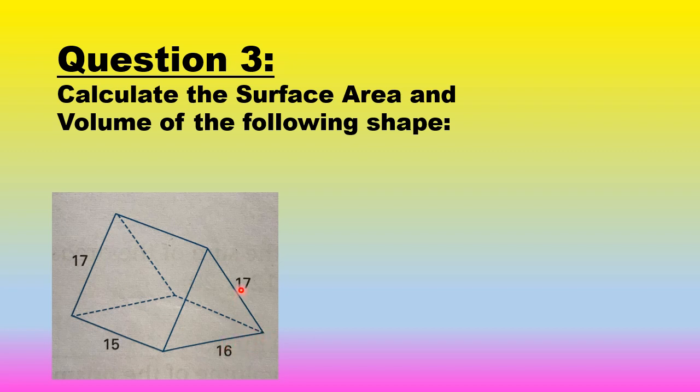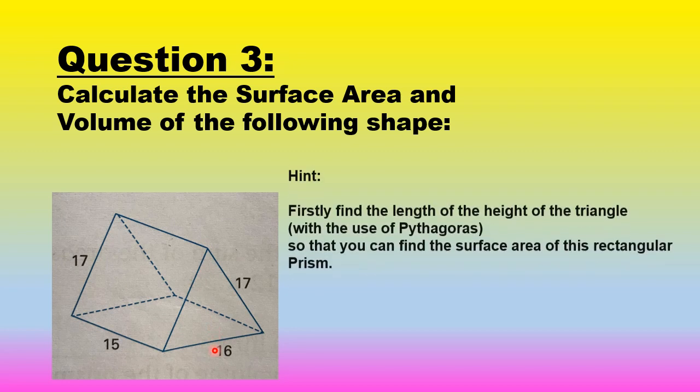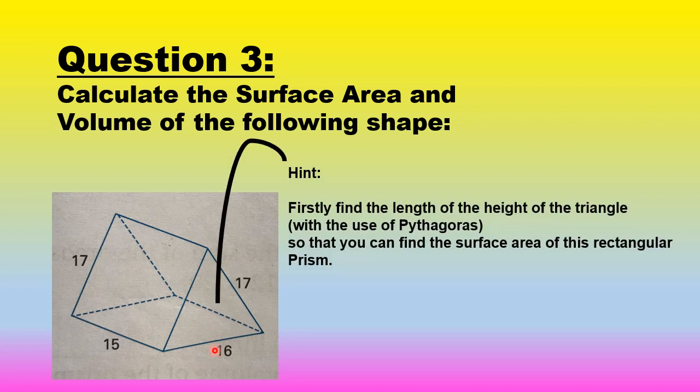So 17 squared minus 8 squared will give you the height squared. So hint, you have to draw your little triangle like that, split it into 8 and 8, break the base up into 8 and 8, and your height is what you are looking for. Very much the same as your example that we did in this video.